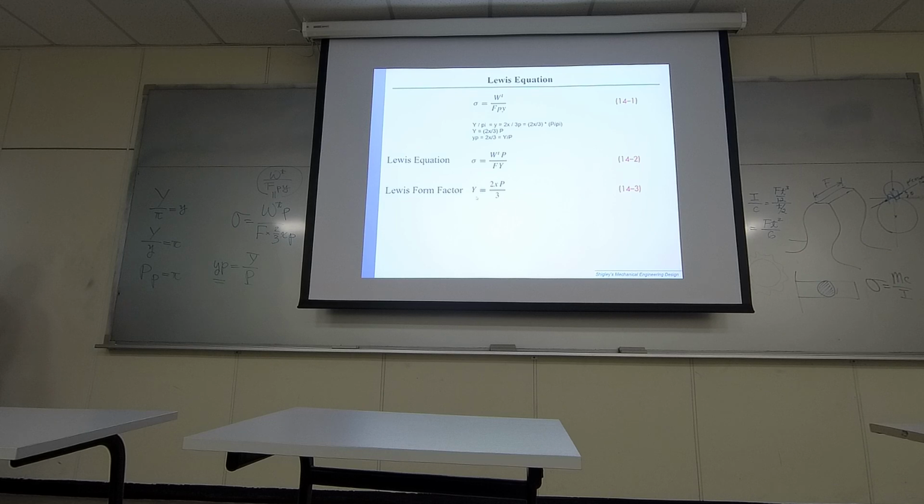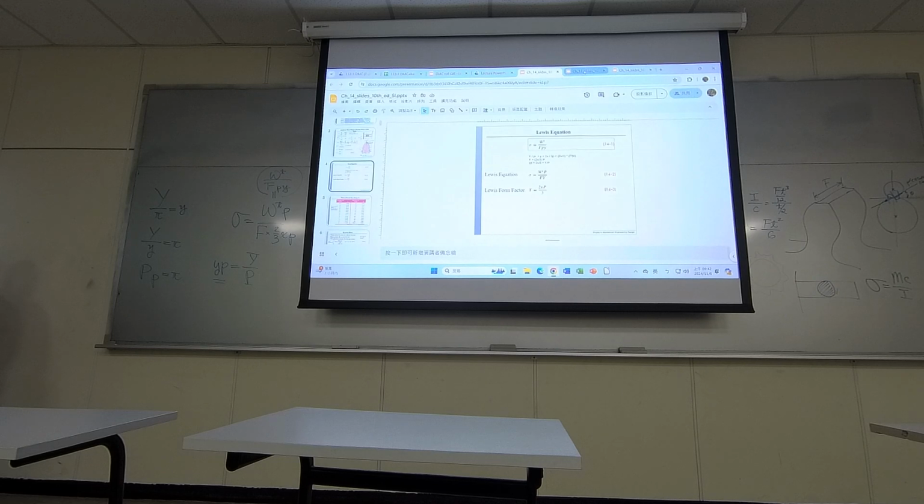Capital Y is x times capital P. So capital P is n over d, so capital P actually has a dimension. So capital Y has dimension.